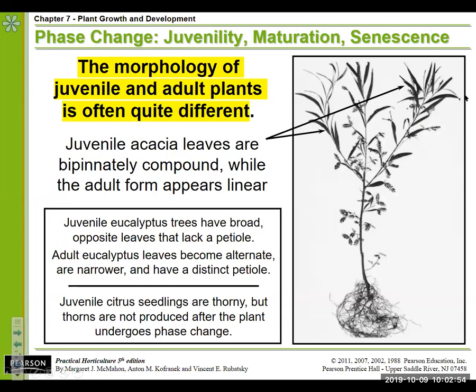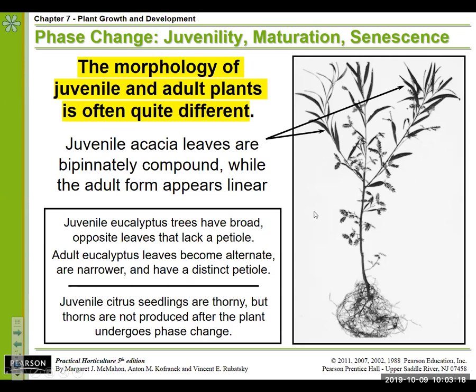Another important thing to look at, especially when trying to identify plants, is how the morphology of the plant, the actual shape of the leaves, the flowers, the vegetative or reproductive parts of the plants, can change from juvenility to adulthood.